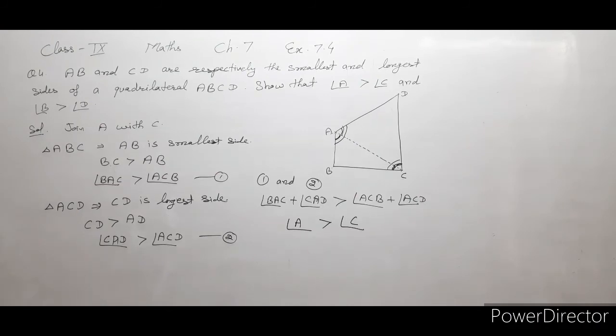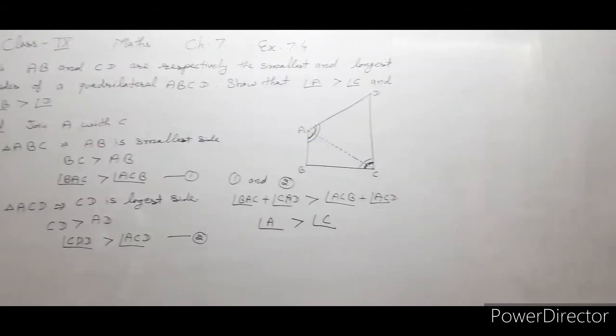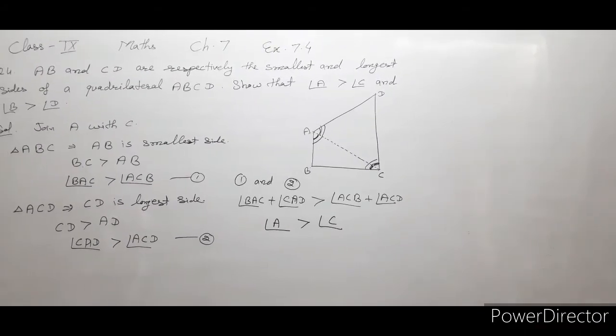Similarly, we can prove angle B is also greater than angle D. To prove that, we will take another triangle. We'll need some more construction work in this further part.